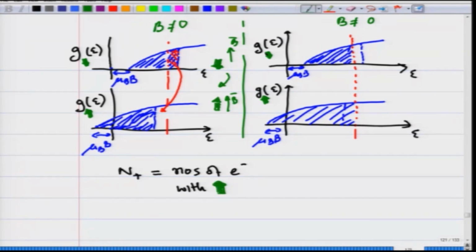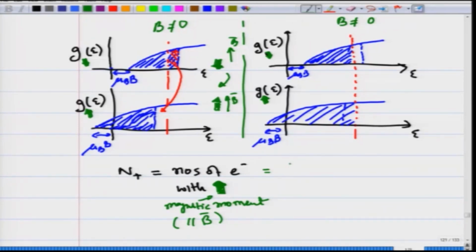My magnetic field is always in the plus up direction. So, N plus represents the number of electrons with magnetic moment parallel to the magnetic field.